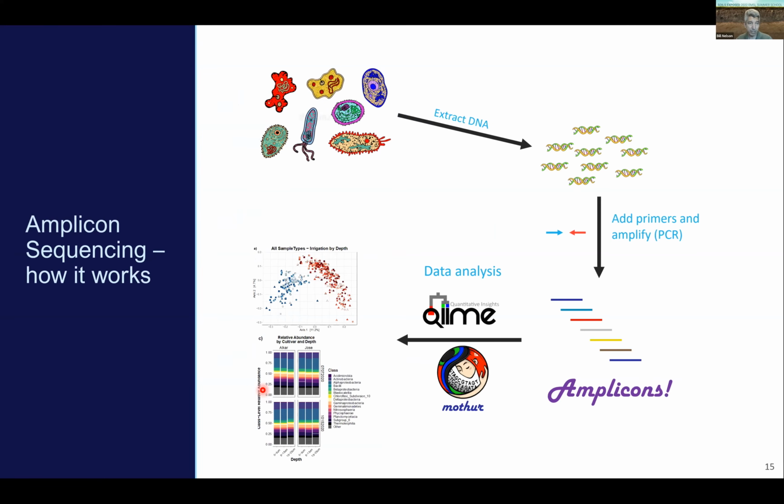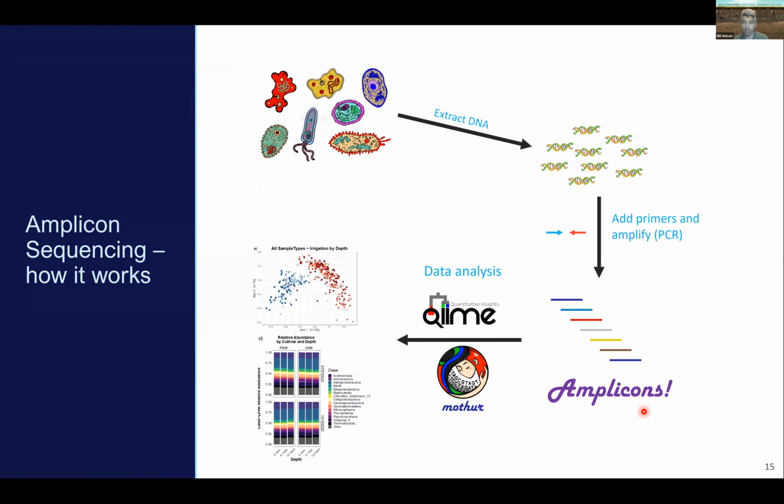So how does Amplicon sequencing work? You start with your biomass, your microbes obtained from the environment, and you extract the genomic DNA. In Amplicon sequencing, you're targeting a single gene that you want to try and identify in as many members of your community as possible to look at diversity measures. So this requires having specific primers to whatever that gene or genetic region is that you're targeting. So you add these primers to your isolated DNA, and you amplify it using PCR to get your amplicons.